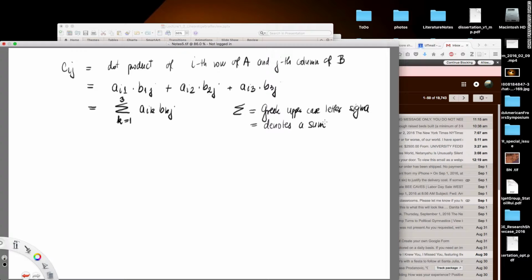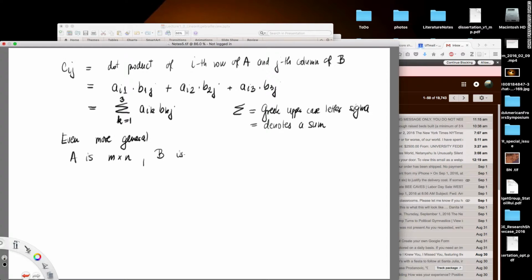Now, if I had even more general, I could have an M by N matrix A and an N by L matrix B. So my A is M by N, so it means I have M rows and N columns.